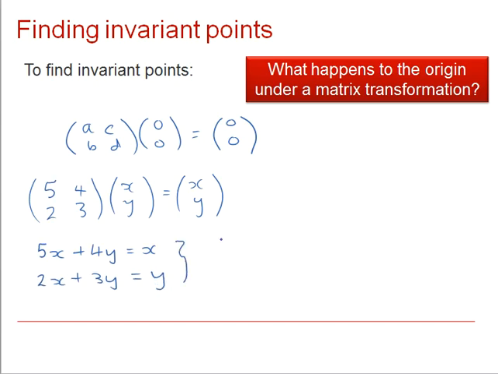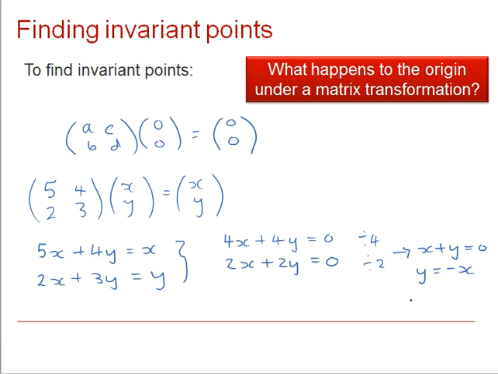If we rearrange this, we get that 4x plus 4y equals 0 and 2x plus 2y equals 0. Hopefully you can see that if we divided that by 4 and that one by 2, we would get the same line, x plus y equals 0, or y equals minus x.